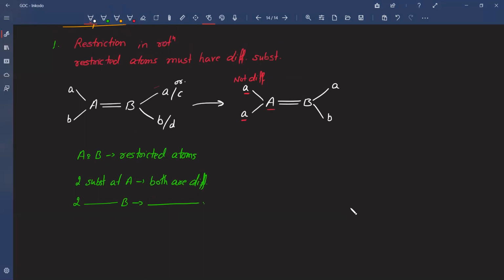You try doing that. A double bond B. You try to change the orientation, right? This is A, this is A. There won't be any change here. On the second side, on the side of B, even if you do a change, it will be this.